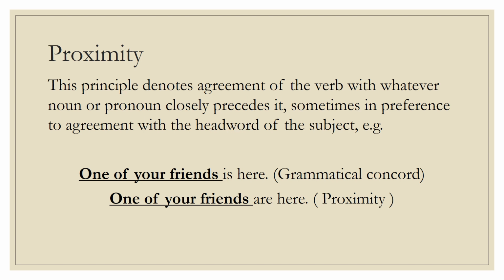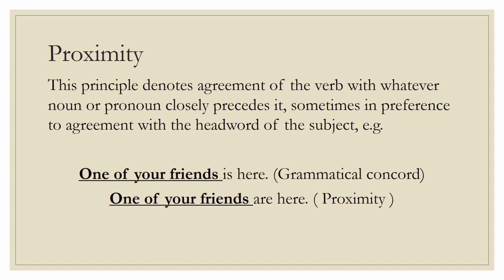The verb will agree, according to this rule, with the noun that is close to it, rather than the head word that is far away from it. Although this head word is the most important word, it is far away from it. Is it clear? So they say it is better for the verb to agree with the word that closely precedes it, or immediately precedes it.